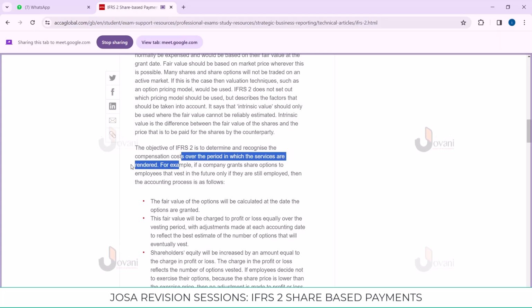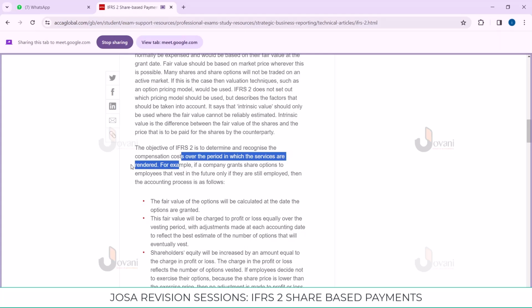At that point, the standard says the fair value of the options will be calculated at the date the options are granted. If you can remember, in our drawing in the lectures, for the measurement of the value of the transaction under equity settled payments, if the transaction is with an employee, then you should measure the fair value of the equity instruments at the grant date. What does it mean?